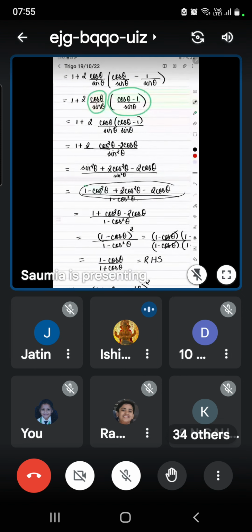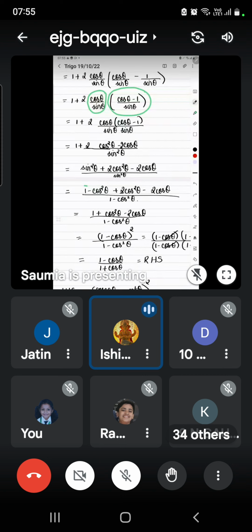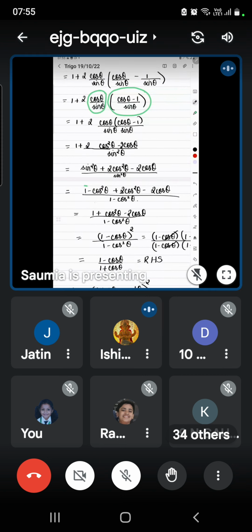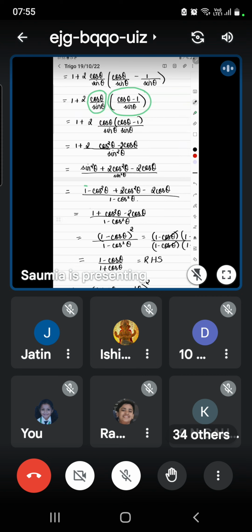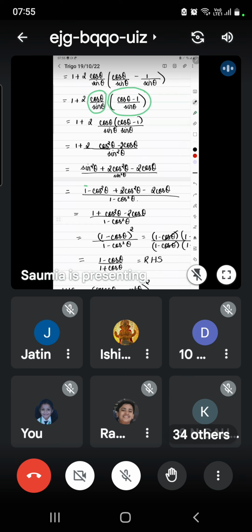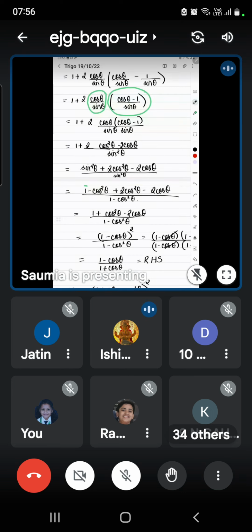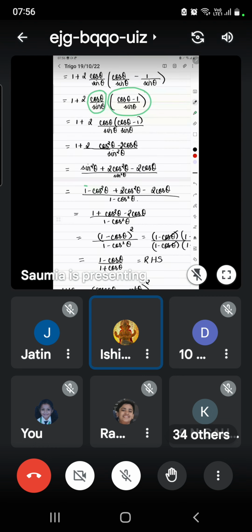Okay. We just added these two. See, this is 2 cos square theta minus cos square theta, so 1 cos square theta. Now this is of the form a minus b the whole square. So we wrote it as 1 minus cos theta the whole square. Understood? Yes, ma'am.